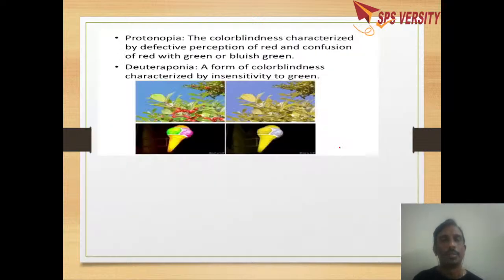And protanopia is where there is confusion of red with green or bluish. Actually it will be red, but the perception will be either green or bluish.